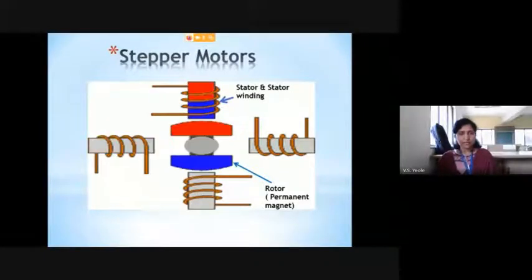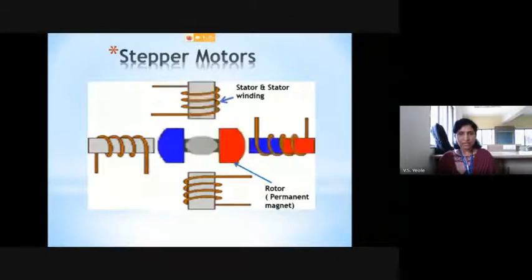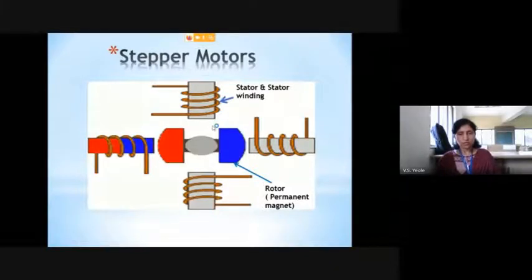Now the next type of motor is called the stepper motor. So what is the stepper motor? A stepper motor rotates in steps. That's why the name of this motor is stepper motor.